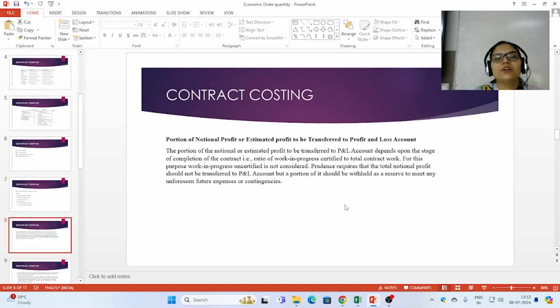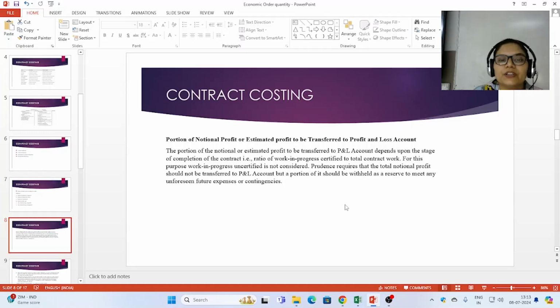Next is the portion of notional profit or estimated profit to be transferred to the P&L account. Sometimes we take notional profit when the contract is incomplete and there is certain work which needs to be certified by the architect, and on the basis of that work certified the contractor is paid.